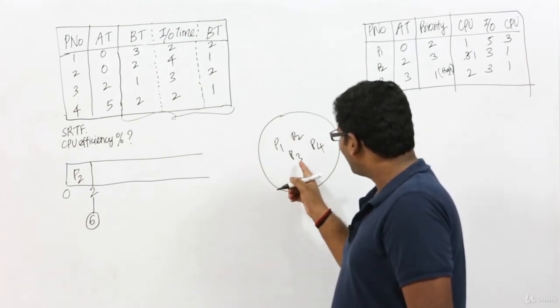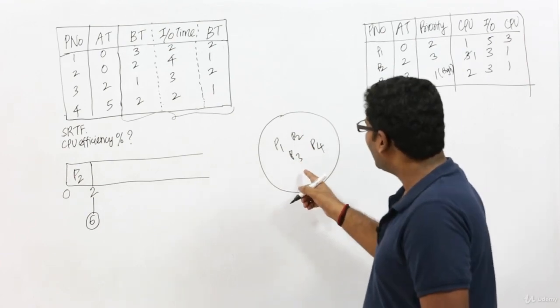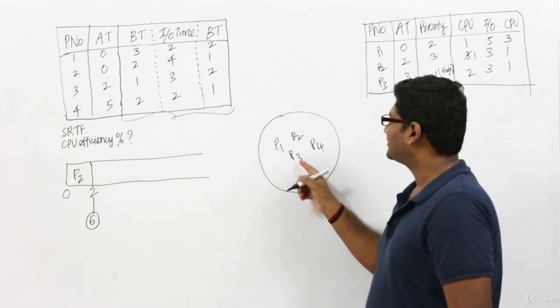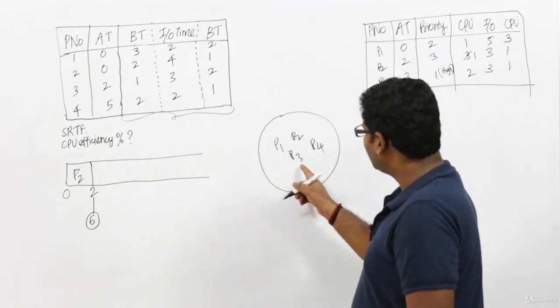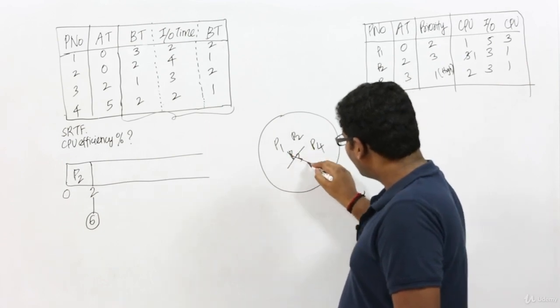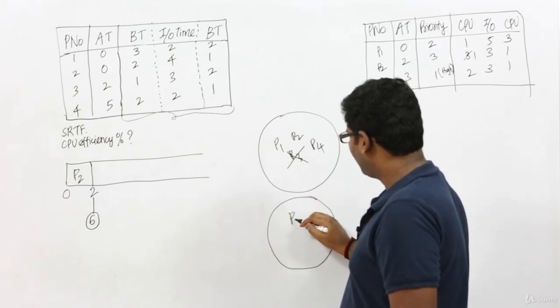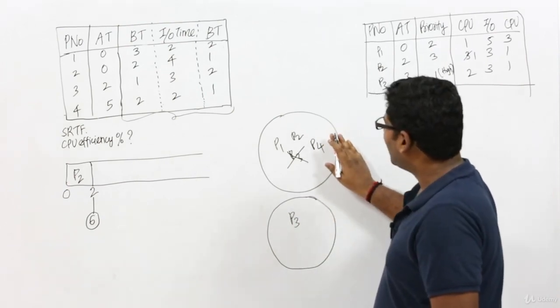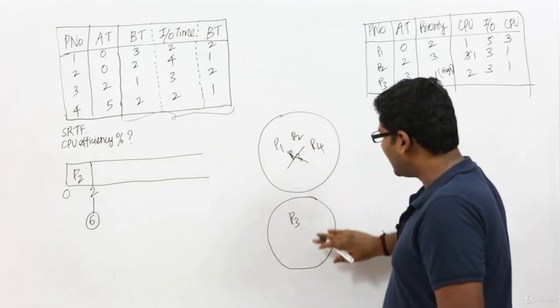Now, if one of the processes goes to the IO state, it will not be available for selection by the scheduling algorithm. If P3 is in the IO state, P3 will be removed from this group and placed in some other group. This group includes all the processes in the ready state, and this one includes all the processes in the IO state.